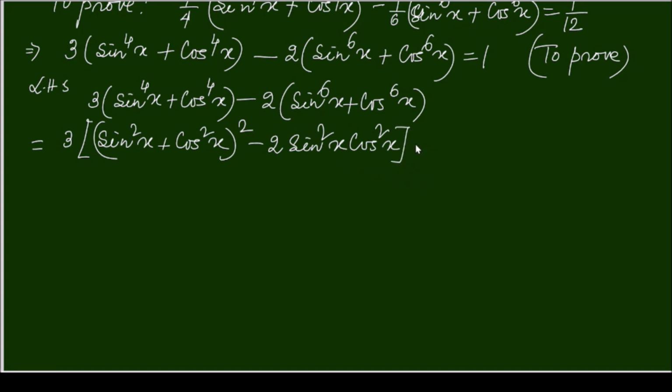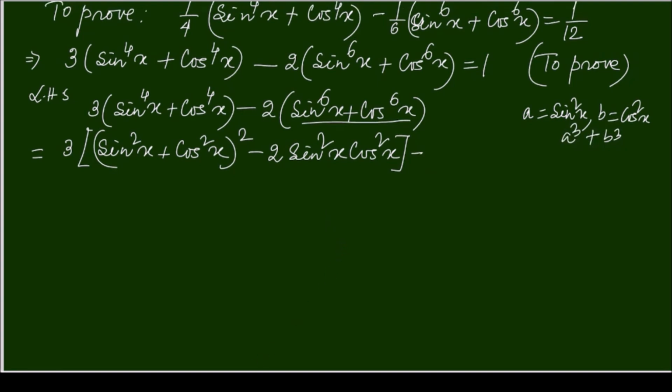And for the second one, this is a cube plus b cube. If I take a as sin square x and b as cos square x, then this is nothing but a plus b into a square plus b square minus ab.